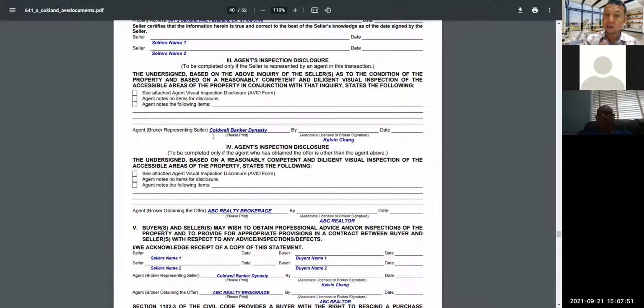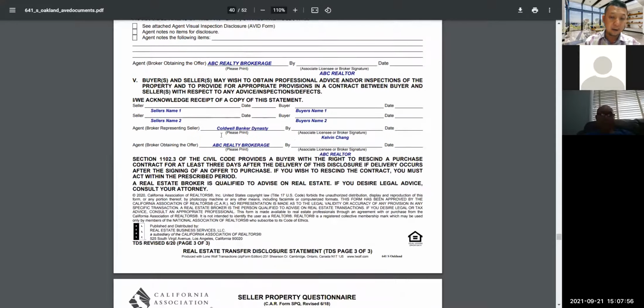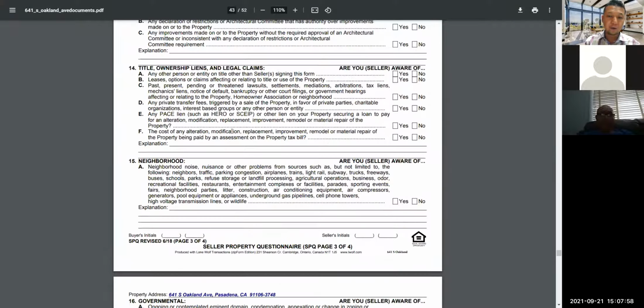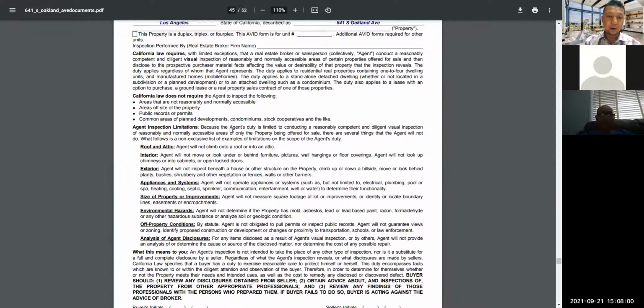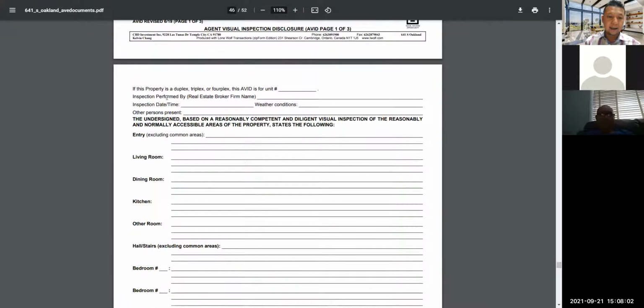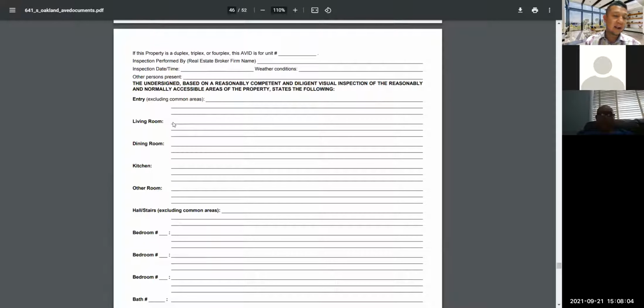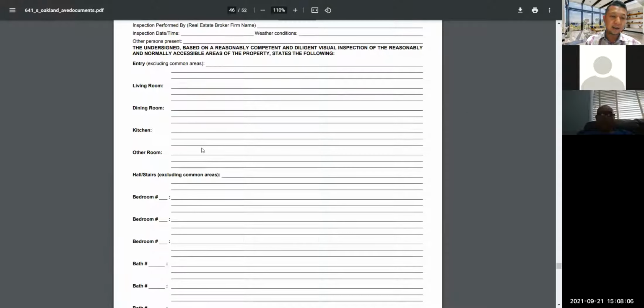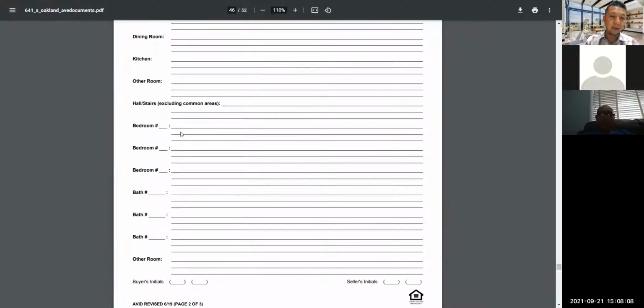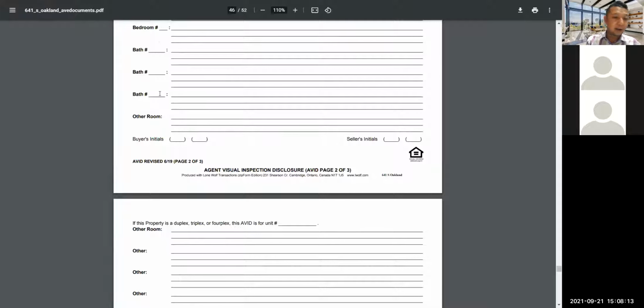I'll go do my visual inspection room by room. And then I'm under the neighborhood area, which I'll show you right here. This is where I do the AVID. I'll write all the defects and marks and scratches and dents of everything I can see and witness, and leaks and yellow stainings, all the dark stainings in the bathrooms that could be mold.